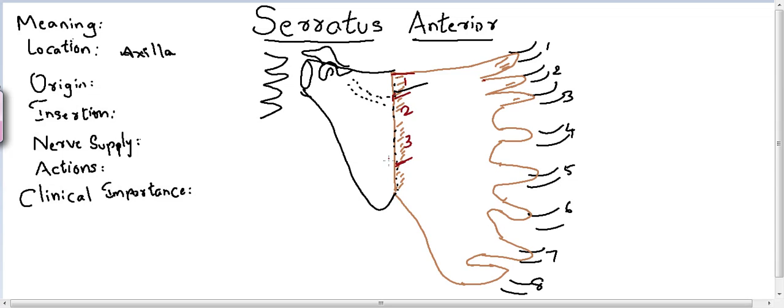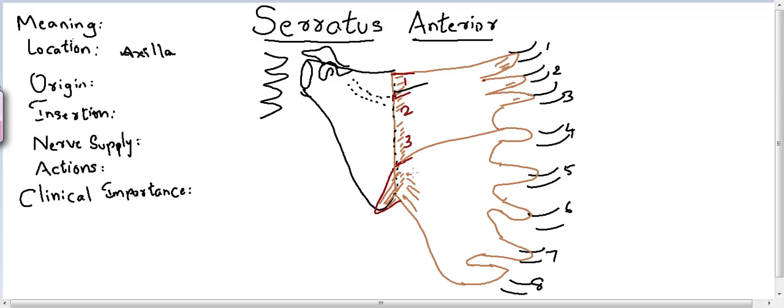The remaining lower ones, from 4th to 8th digitation, these muscle fibers are attached to the triangular area on the inferior angle of the scapula. I'll show you in divided fashion so that you can understand better.